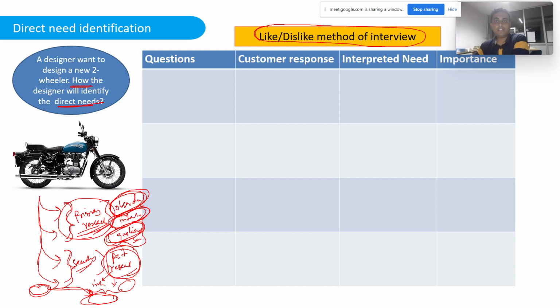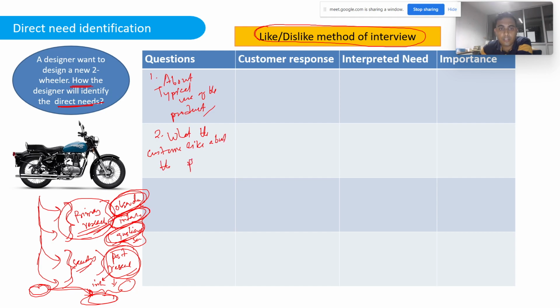Here you meet customers and users, and you ask them four types of questions. The first type of question is about typical use of the product. The second type is what the customer likes about the product.